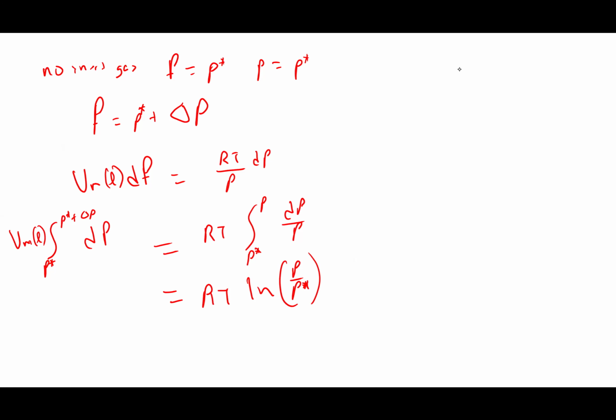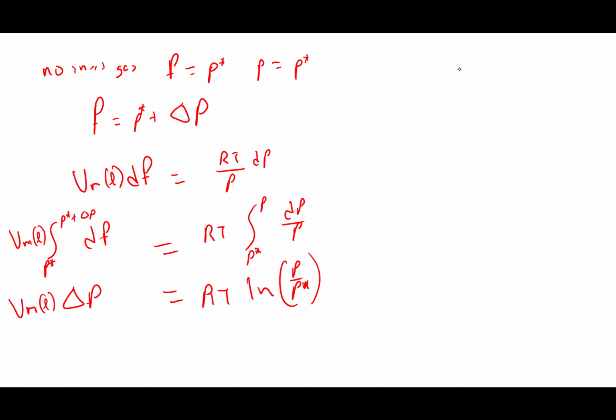And then over here, this would be Vm of our liquid equal to basically delta P, the change in pressure. Again, we're assuming that this change is much greater than the change in P.